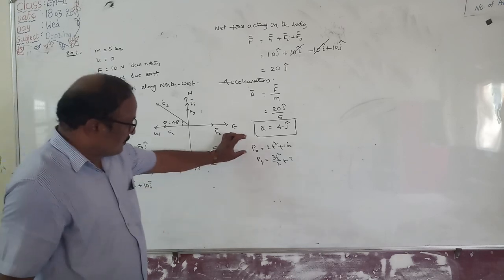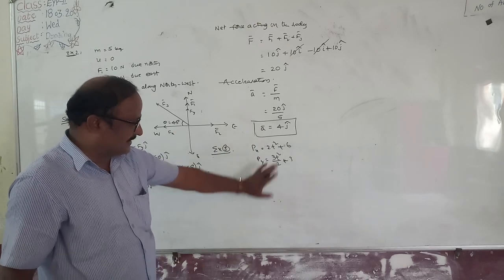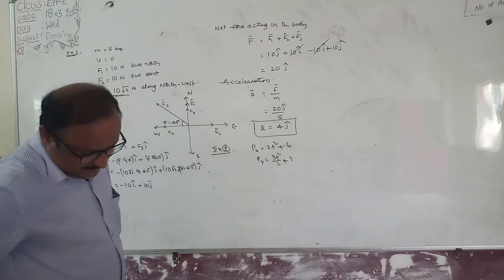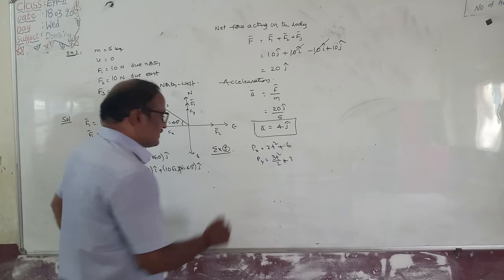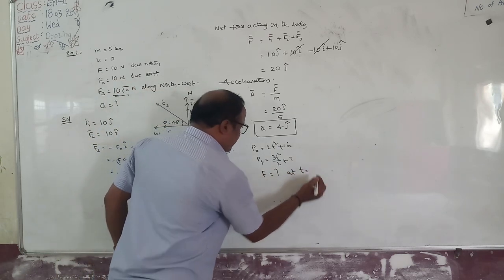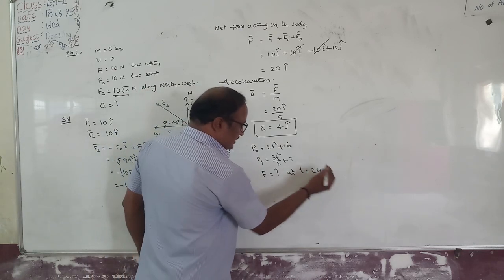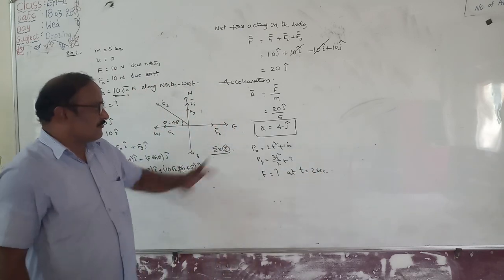These are the momentums of a given body along x direction and along y direction at any time t. Find the value of force acting on the body at a time t is equal to 2 seconds. At t is equal to 2 seconds, what is the value of force?